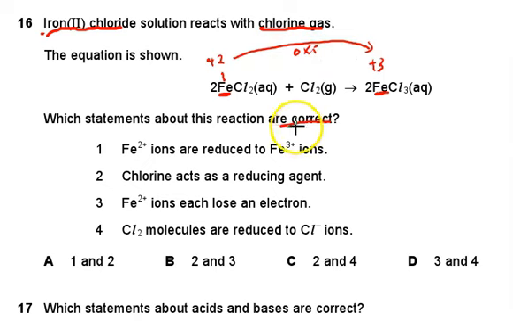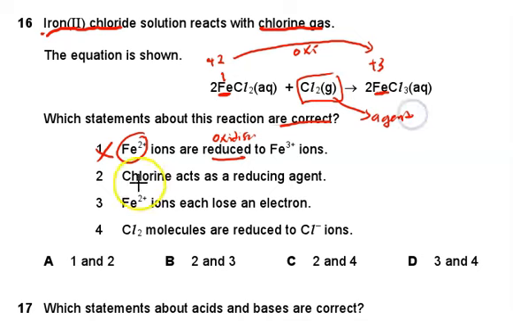And if you look at chlorine, okay, so we just focus one by one. So chlorine 2 plus iron are reduced. Iron is not reduced, it's oxidized. So this is wrong. This one should be oxidized. So if it is oxidized, this is the agent. So chlorine acts as reducing agent. Wrong.